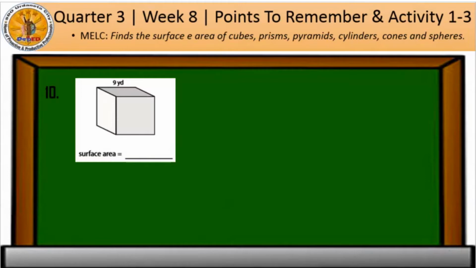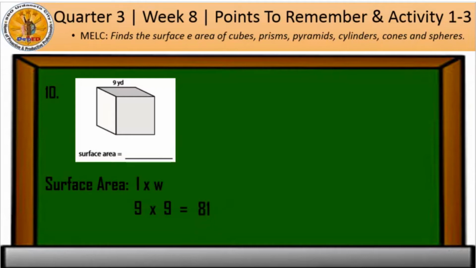For us to find the surface area of a cube, let us find first the surface area of one face. So we have surface area is equal to length times width. So we have 9 times 9 is equal to 81.